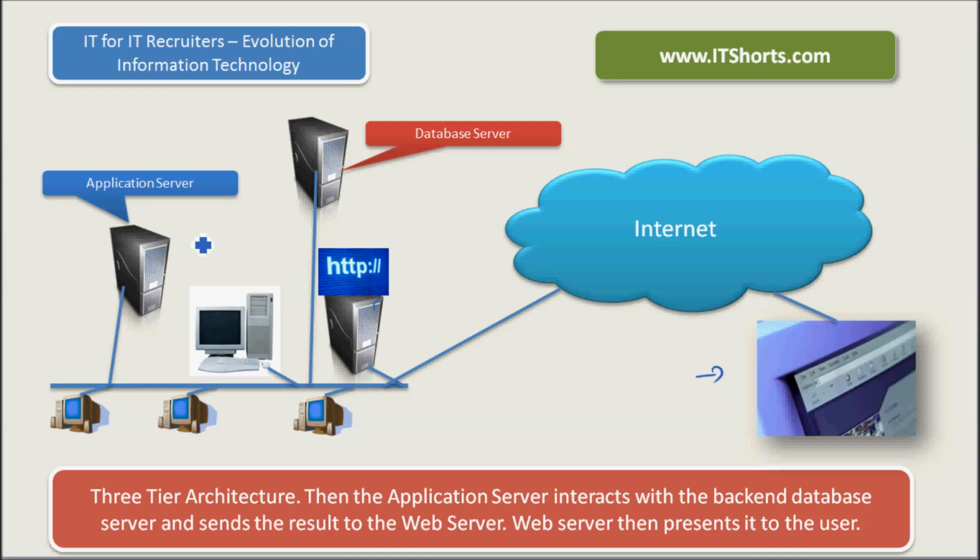There are different classifications in it, but let's keep it simple as of now. If any intelligent task is needed, the web server interacts with the application server, which in turn interacts with the database server and provides the result, which will be served to the user as a web page. Okay, so that's a three-tier architecture.